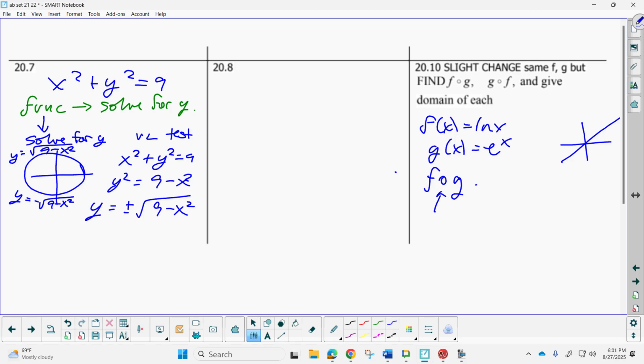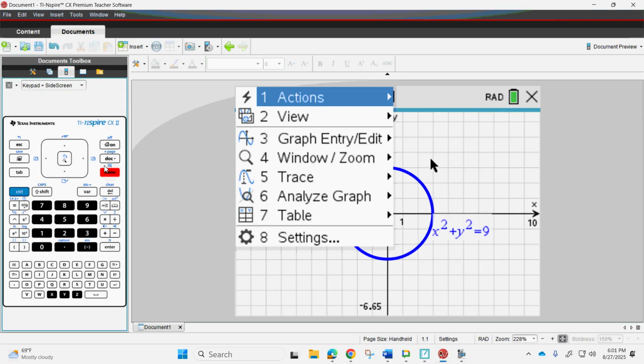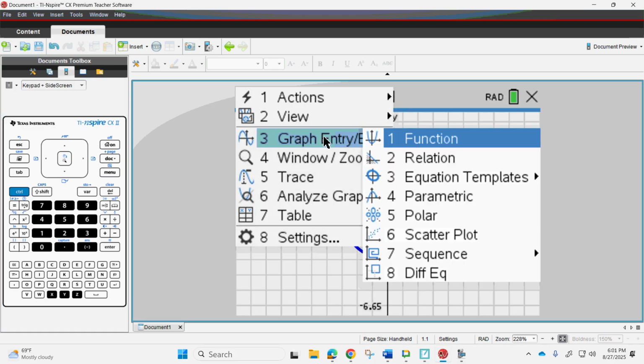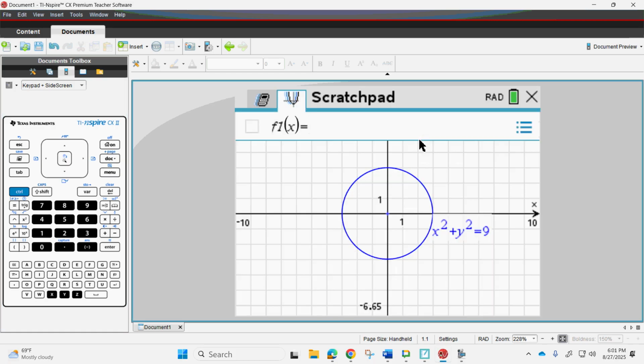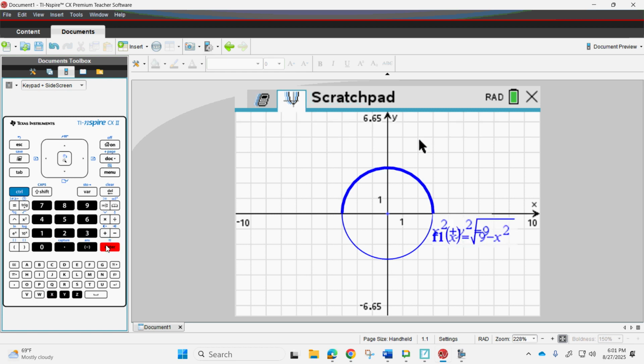And so when you graph those two, it should make that same graph. So if I go back to function mode, graph entry type, change it back to function mode. If I do the root of 9 minus x squared, it's right on top and it barely shows.